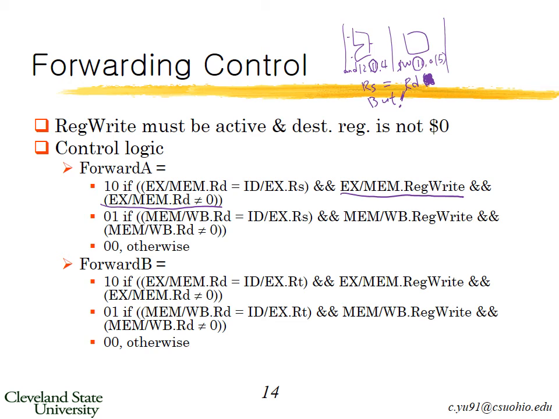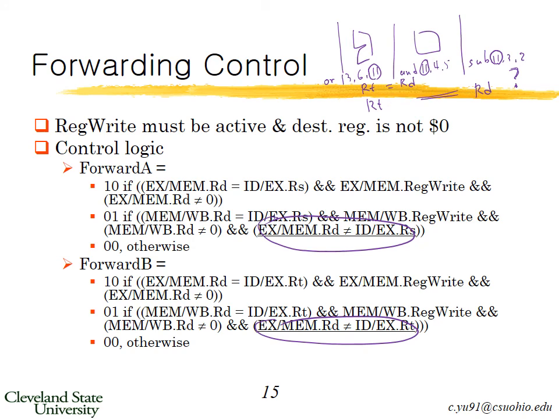So in this case they are the same, but as you know, a store instruction is not intended to write into the destination register, so you don't need feedback at all. You need to make sure that the instruction in the memory stage is supposed to update the destination register or not. That's why we have EX/MEM.RegWrite as an additional condition to get the feedback.